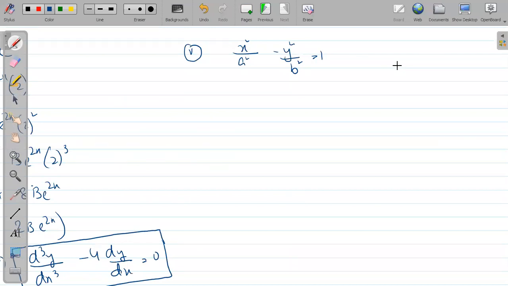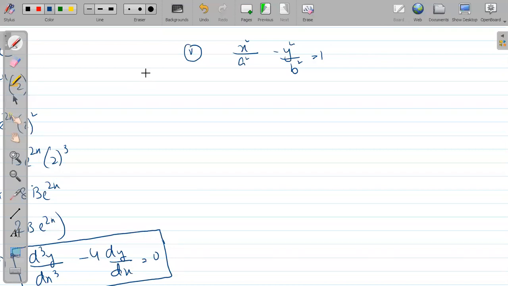Differentiate 2 times and see what you are getting. Do it fast. So it's done.